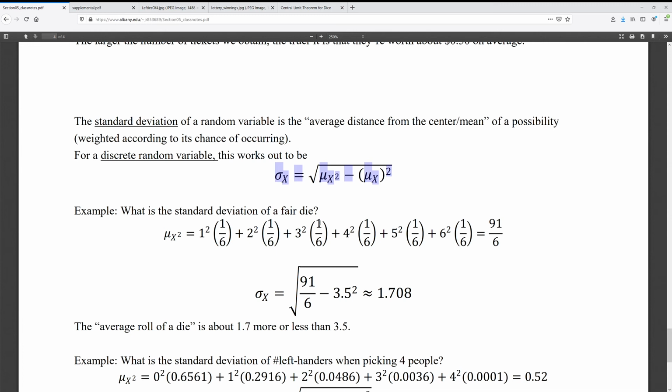I assure you, if you are running a casino in Las Vegas, then you not only want to know the mean winnings, but the standard deviation of the winnings for a game of chance, because as we'll see in the future, it is very, very important. It is just as important as what the balance point of the random phenomenon is, how far away from that balance point you tend to be.